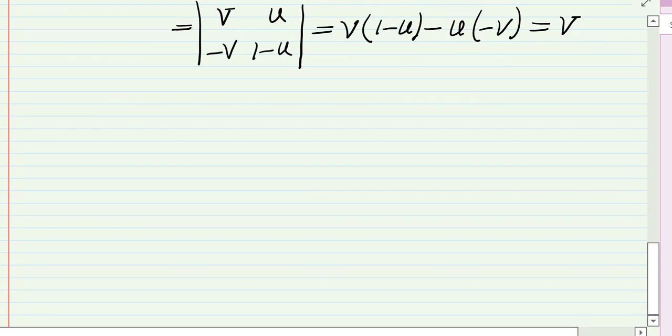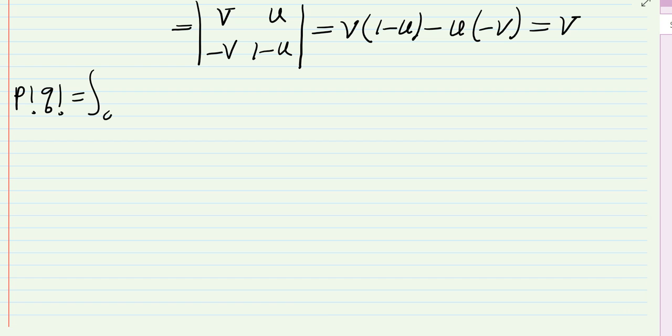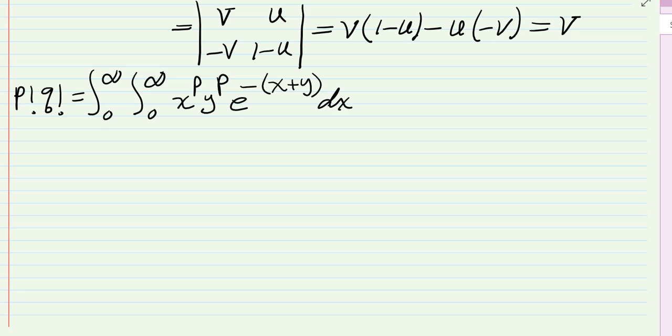Let's put it together. Therefore, p factorial q factorial is going to be the double integral 0 to infinity, 0 to infinity of, I'm just recalling what those are in terms of x and y. Okay, and so this is going to equal 0 to infinity, 0 to 1.